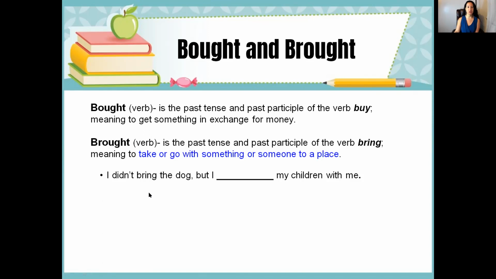Okay, so this is probably a little bit easier now that we're saying it out loud. When did Katie buy her house? She bought her house last year, or she brought her house last year?